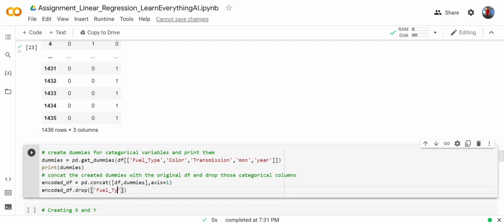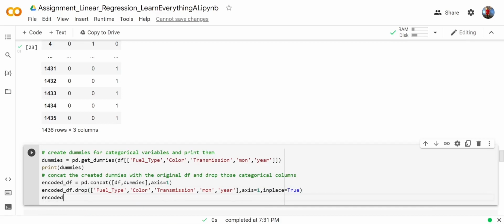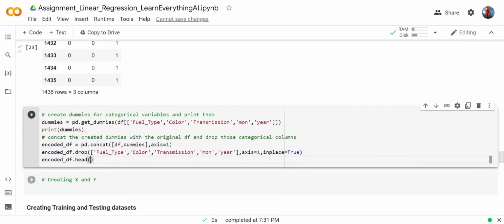We drop the fuel type, we drop the color, we drop the transmission, we drop the month, and we drop the year. Then we say axis equal to 1 and inplace equal to True. And now let us print our new data.